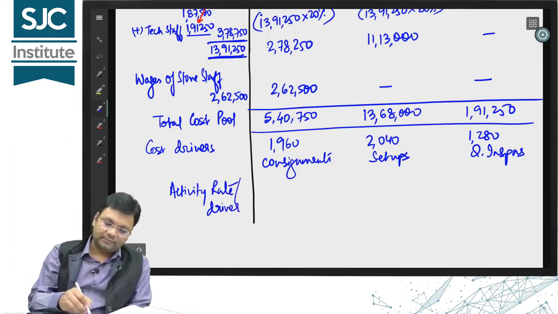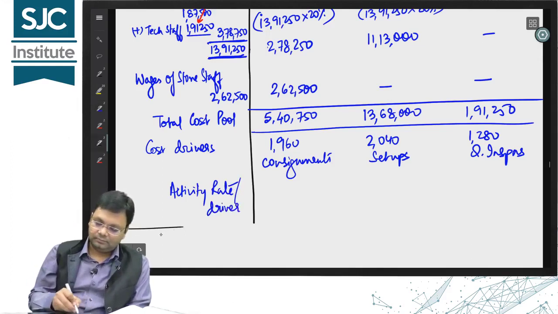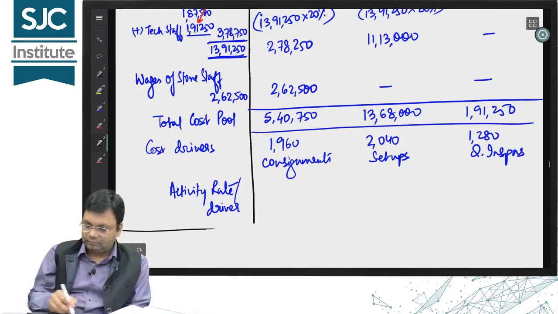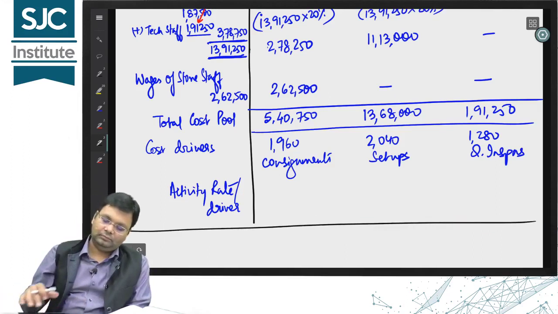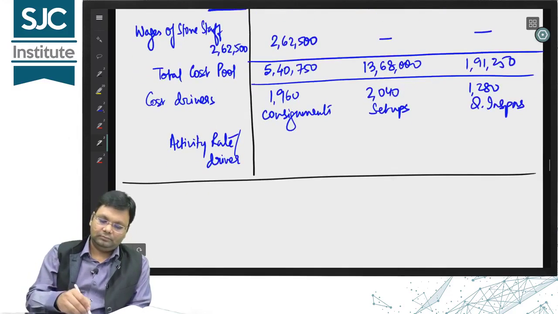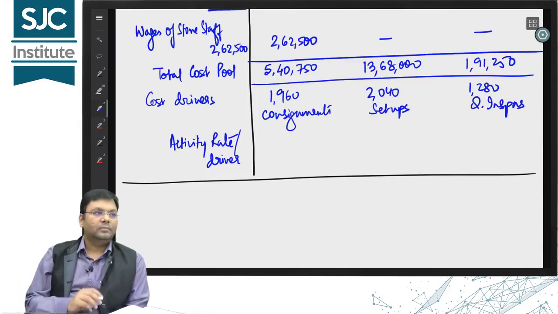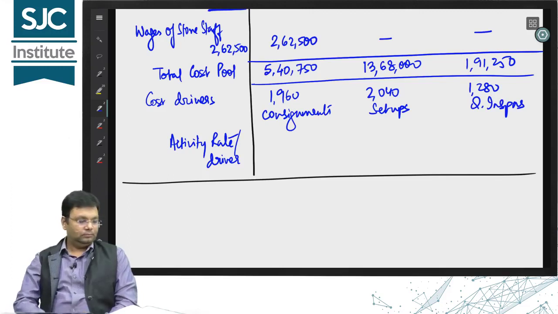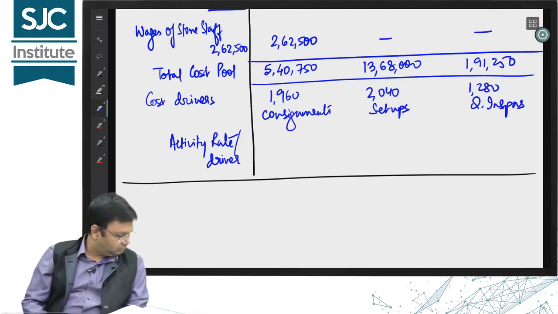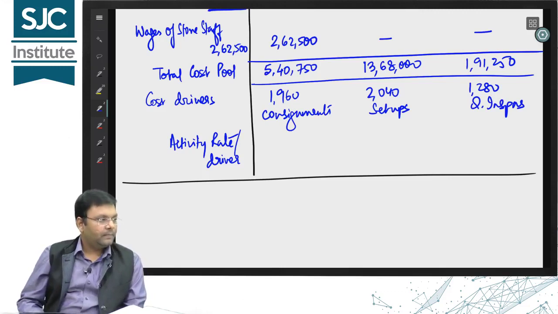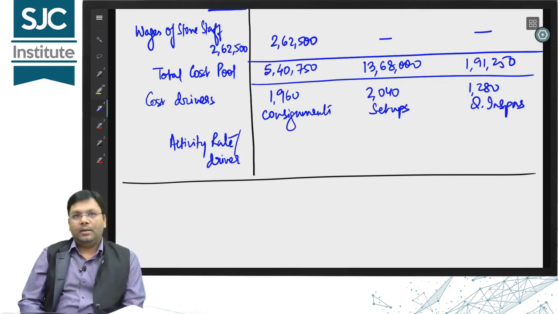Activity rate per driver. Tell me the answers, please.